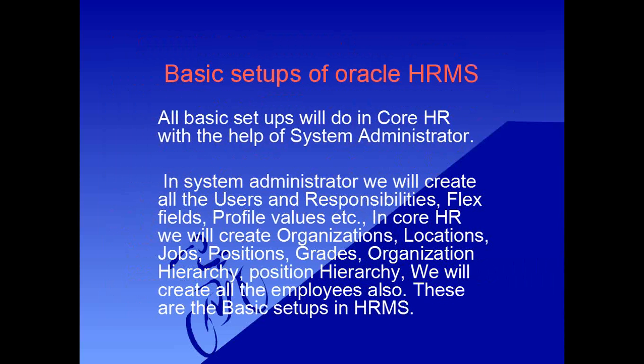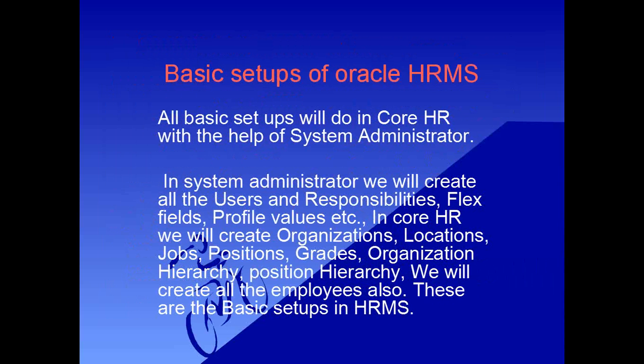If you see flex fields, there are 6 flex fields. All 6 are key flex fields, and if you are doing any setup, you have to define all 6 flex fields. All the flex fields are mandatory for creating any HRMS setup implementation.